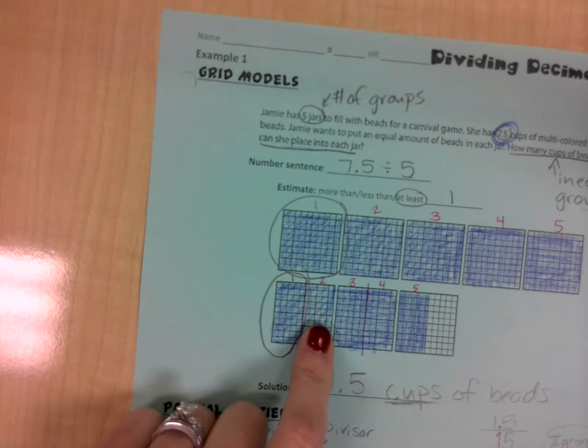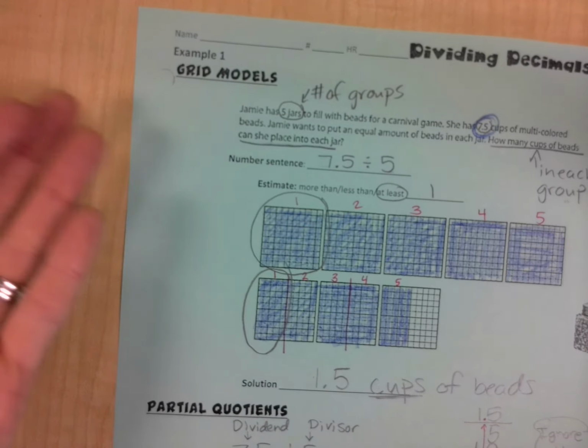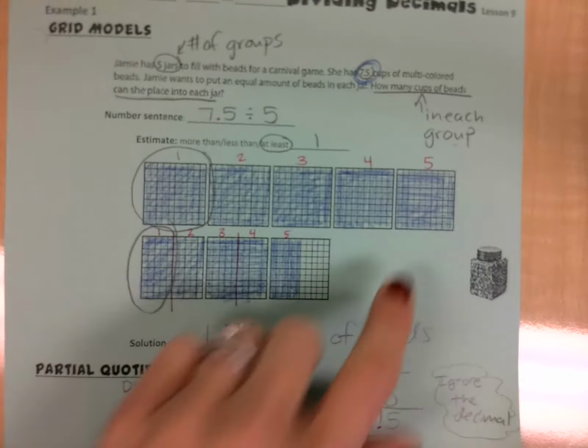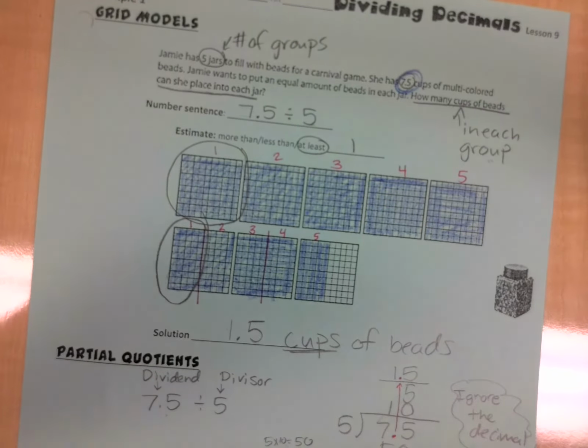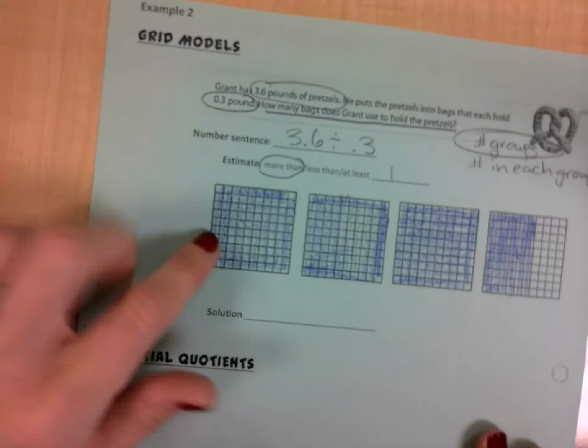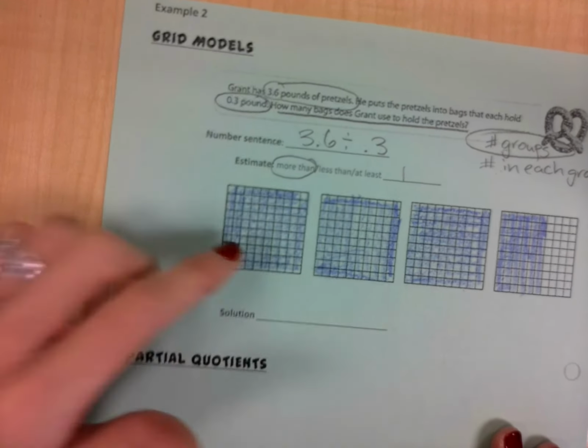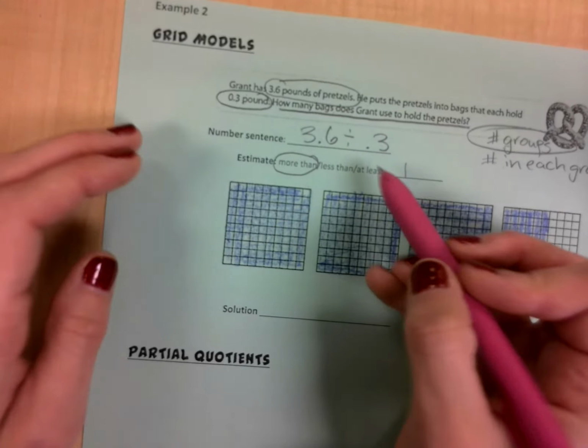Like in each group needs to be a 3/10, a 3/10, a 3/10, a 3/10. And then we're going to know the number of groups. So this splitting up is a little bit different than our first one, where we knew how many groups we were going to end up with, but we didn't know how many was in each. So I think the division is a little bit easier here when we know how much it is in each group. We can just count that off.